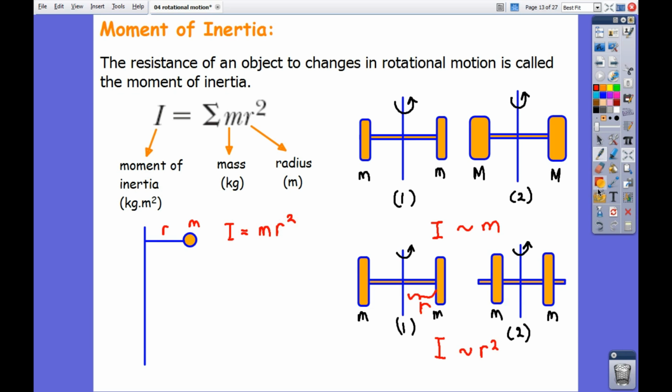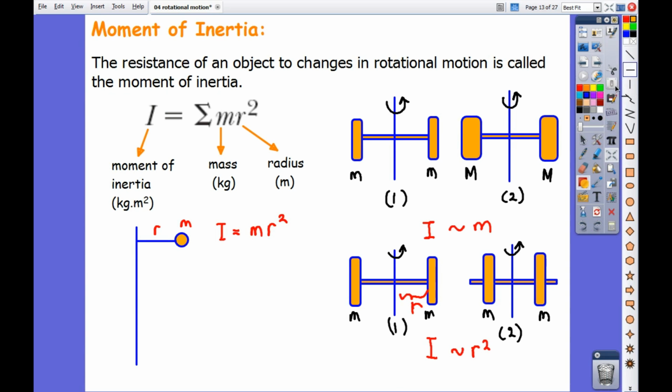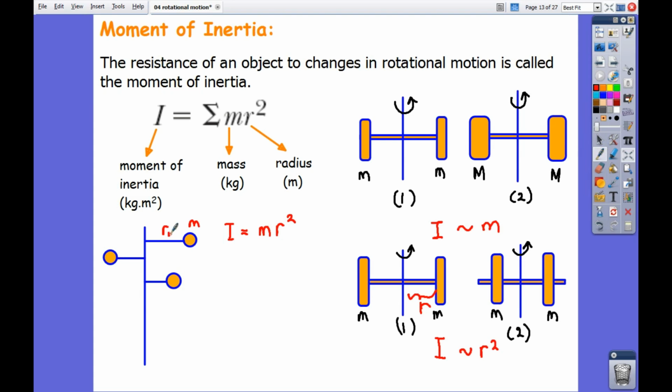Mister, there is a question. What if the mass is not only this one but several masses? The moment of inertia of the system is the sum, or total, of the moment of inertia of each mass.